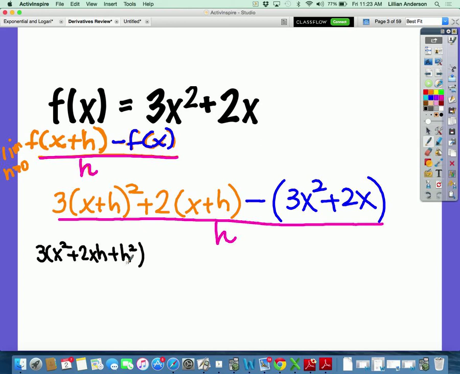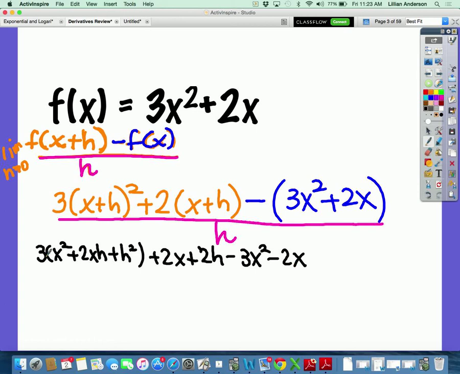Because remember, x plus h times x plus h is x squared plus xh plus xh. So we just went ahead and combined those like terms. Is everyone okay? Yep. Alright. Then over here for this next part we're going to distribute the 2. 2x plus 2h. And then over here, what are we going to do with it? Minus 3x minus 2x. Okay. And all this is going to be over h.